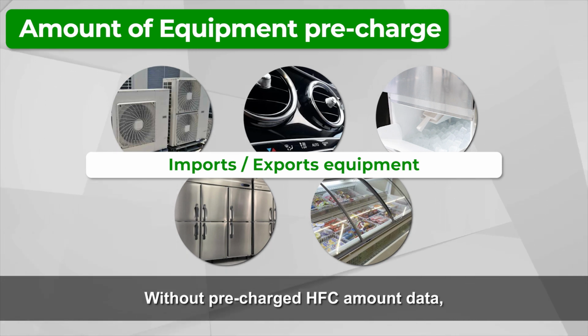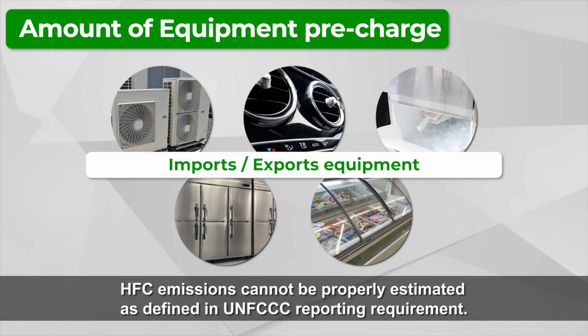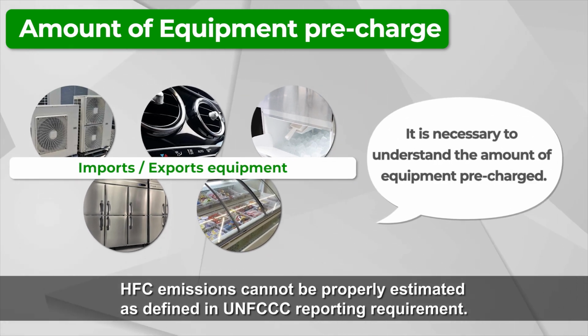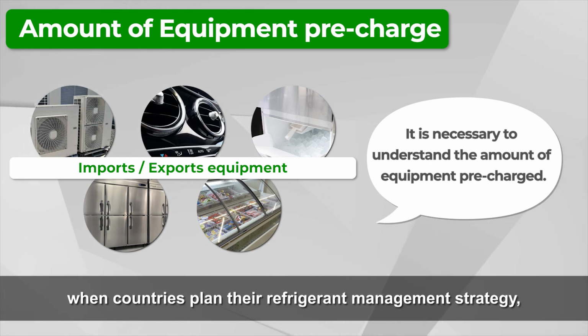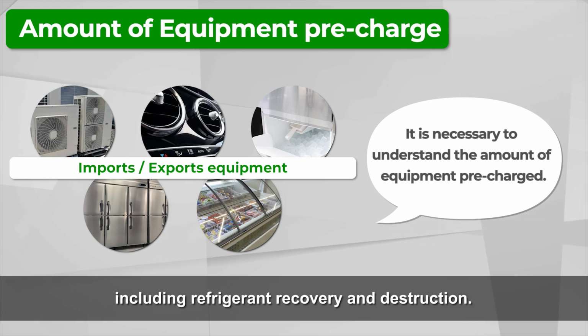Without pre-charged HFC amount data, HFC emissions cannot be properly estimated as defined in the UNFCCC reporting requirement. Pre-charged amount data can also be referred to when countries plan their refrigerant management strategy, including refrigerant recovery and destruction.